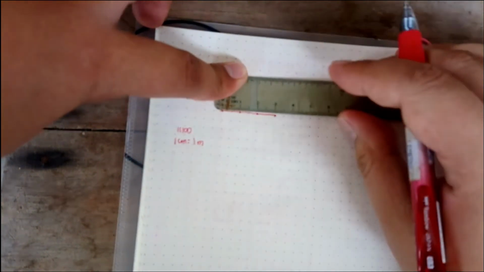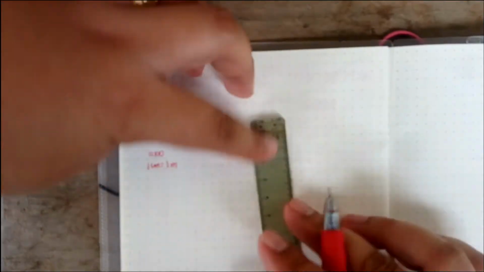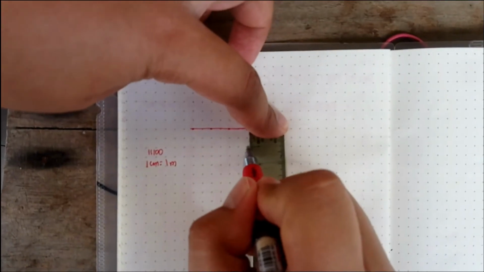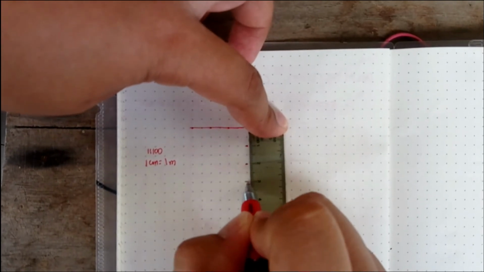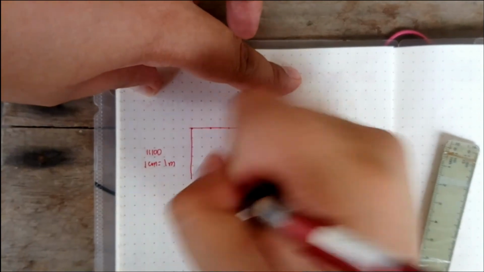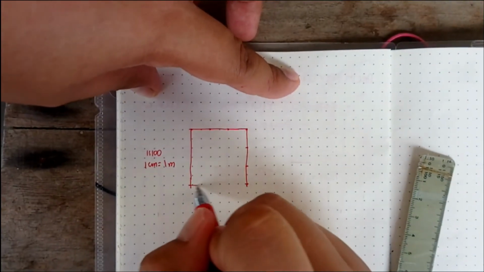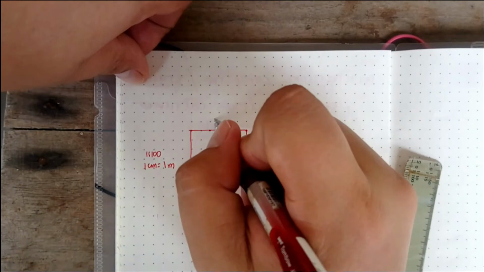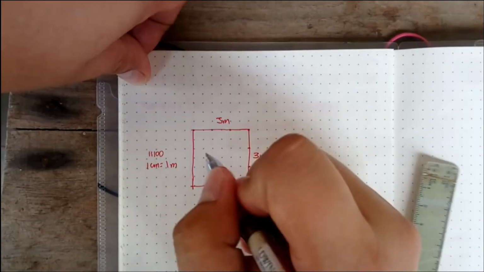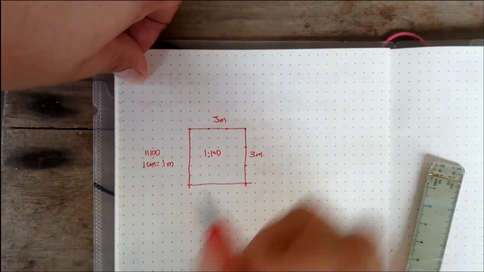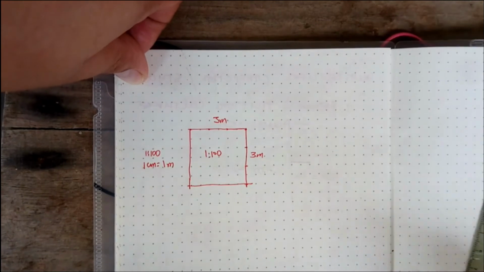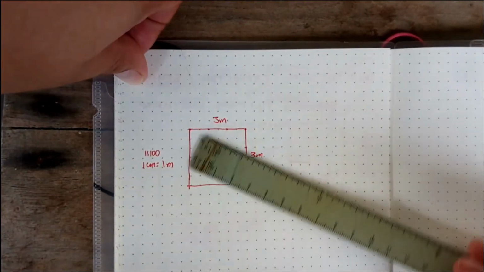Then if we count another 3 here: 1 meter, 2 meters, 3 meters. So this is already 3 meters by 3 meters at the scale of 1 is to 100. So that's simple. So what if it's 1 is to 10?